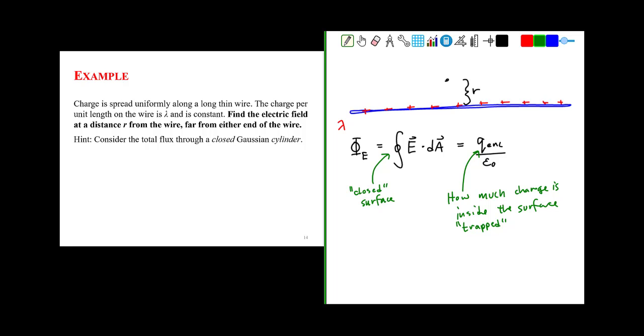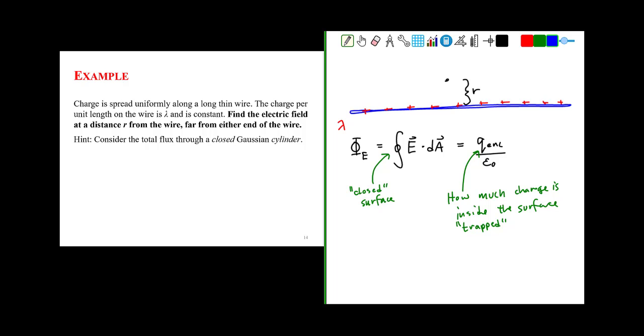No charges can get in or out of the surface. Here's the beauty of Gauss's law. The beauty of it is by calculating a surface integral of an electric field over a closed surface, we could determine exactly how much charge is inside that surface.